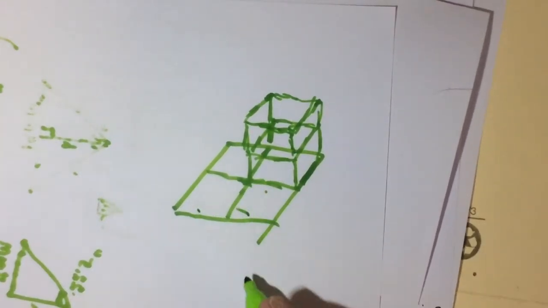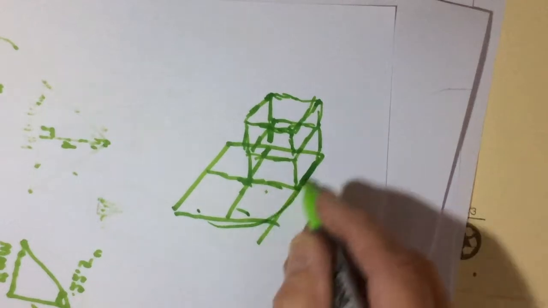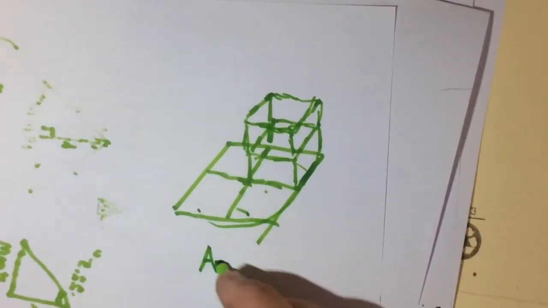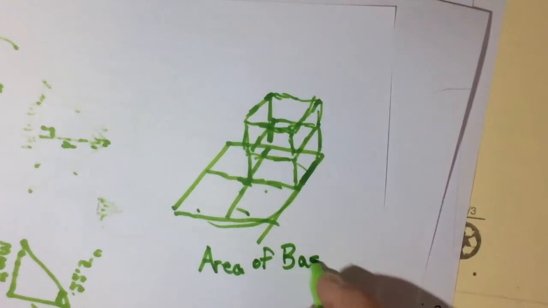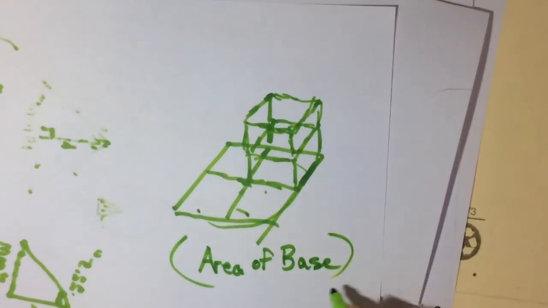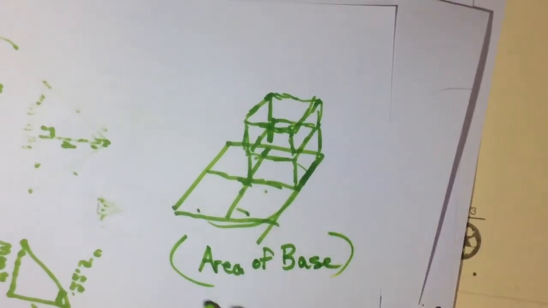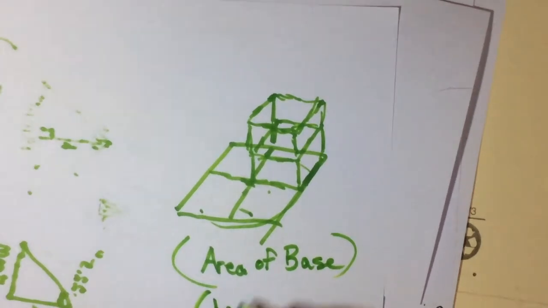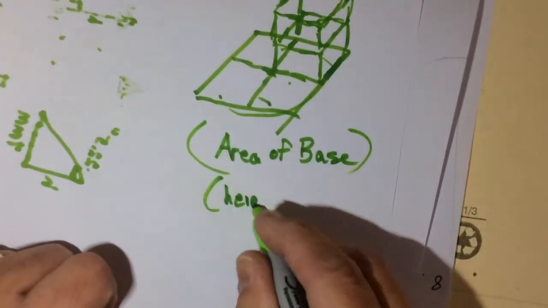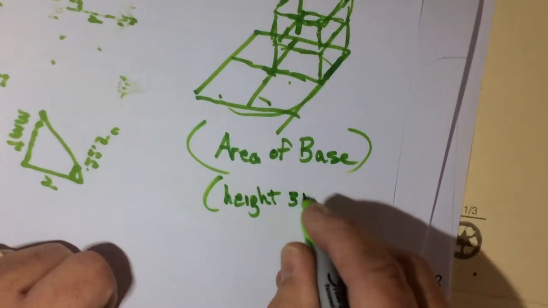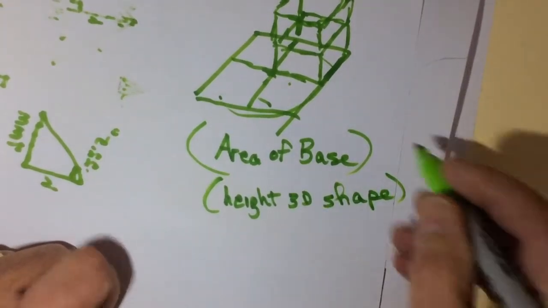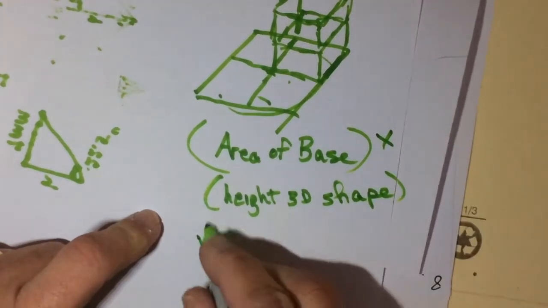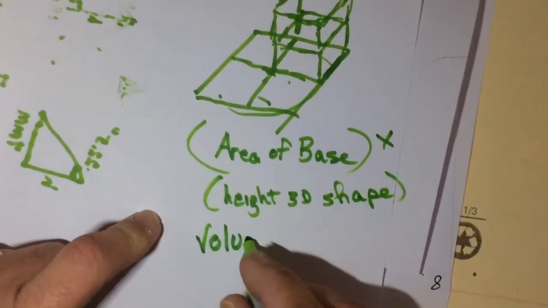And then if I put another one on top of this, like this, now I've got twice as many cubes as I had squares. Remember that the number of squares is the area of the base. And if I multiply that by the height of the 3D shape, right? Multiply those together, that gives me the volume of the 3D shape.